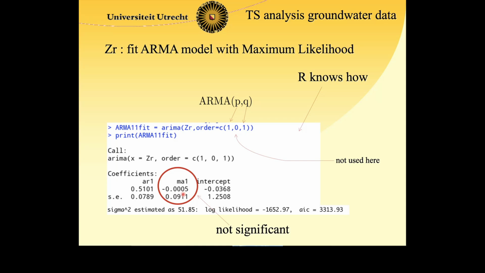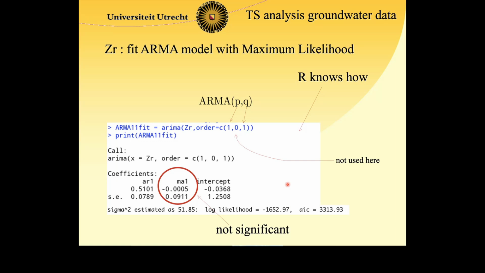This is fitted with a so-called log likelihood function. The more negative it is, the smaller it is, the better. But we also have the so-called Akaike's information criterion, and we come back to that later. But this has to be as small as possible as well.